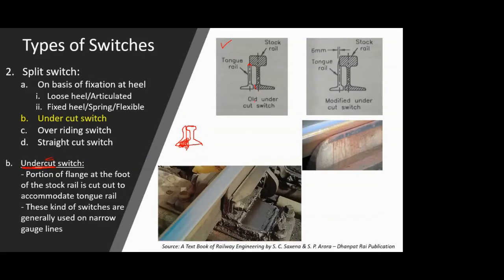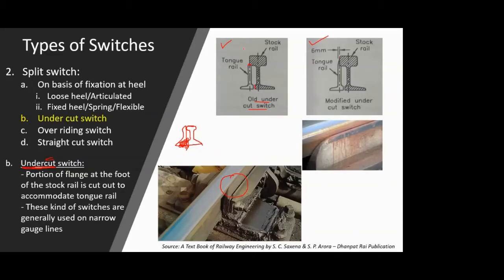This is an old version of undercut switch in which the tongue rails had less height than your stock rail. If you see the modified undercut switch on the right side, this is the one that we have nowadays. In this, the top level of the tongue rail is almost equal to the level of your stock rail. Okay, so this is the condition you can see.